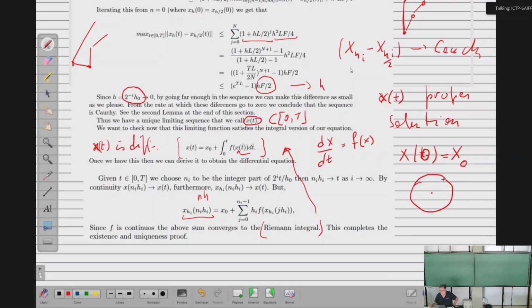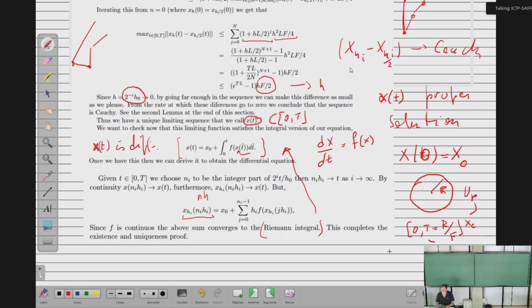So we have the ball, this ball of radius r, and we have a solution in an interval [0,T], where T was the radius divided by the maximum value of the vector field. So we have the T and we have the ball. So that finished the proof.